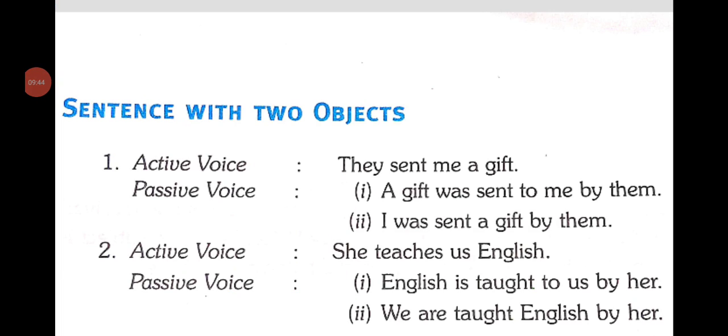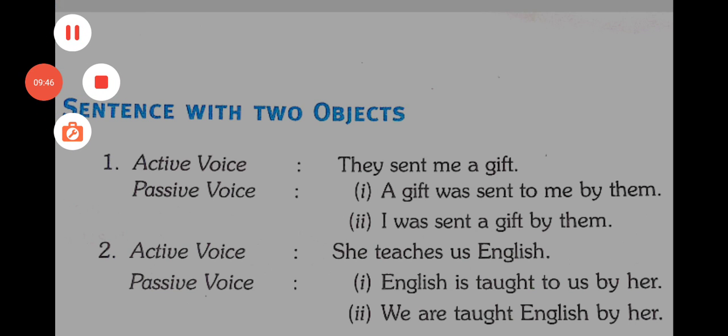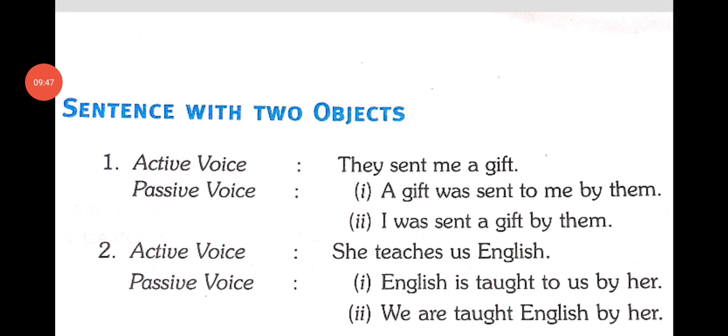Sentences with two objects. If any sentence consists of two objects, direct and indirect object, like they sent me a gift. First, me is indirect, after that, gift. So you can make it in two different ways. First of all, you can make it from a gift.